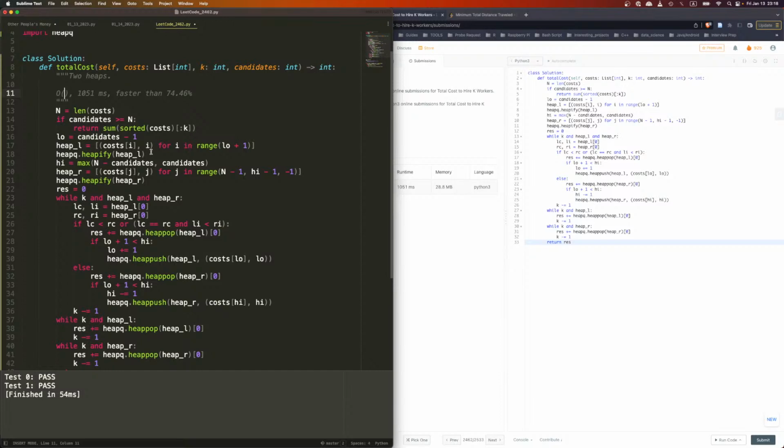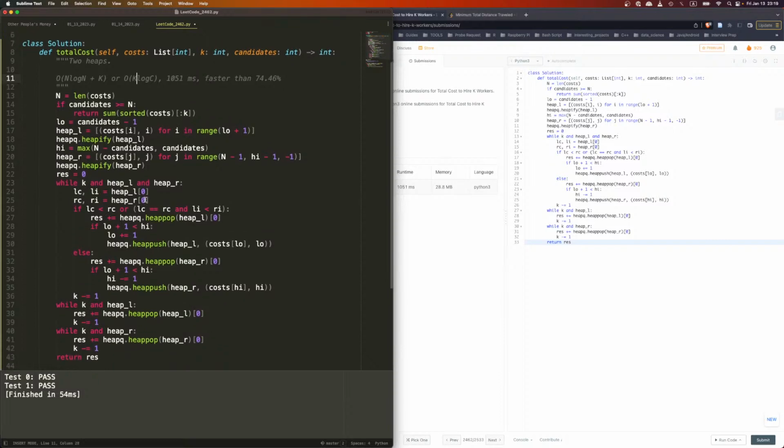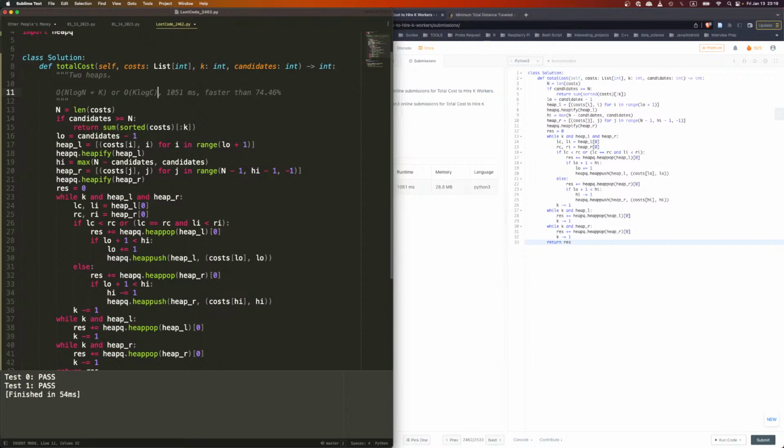It's complicated. We can say n log n plus k, or that would be log c candidates, and then k log c, where n is the length of costs and c is equal to candidates.